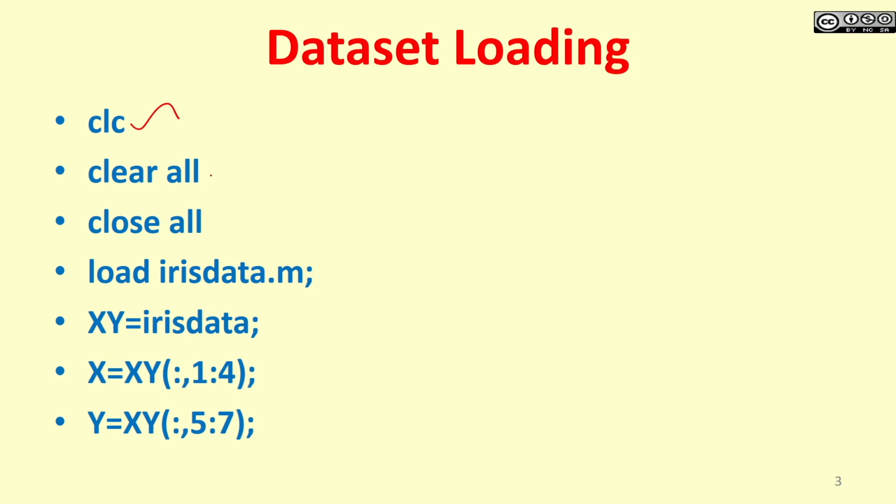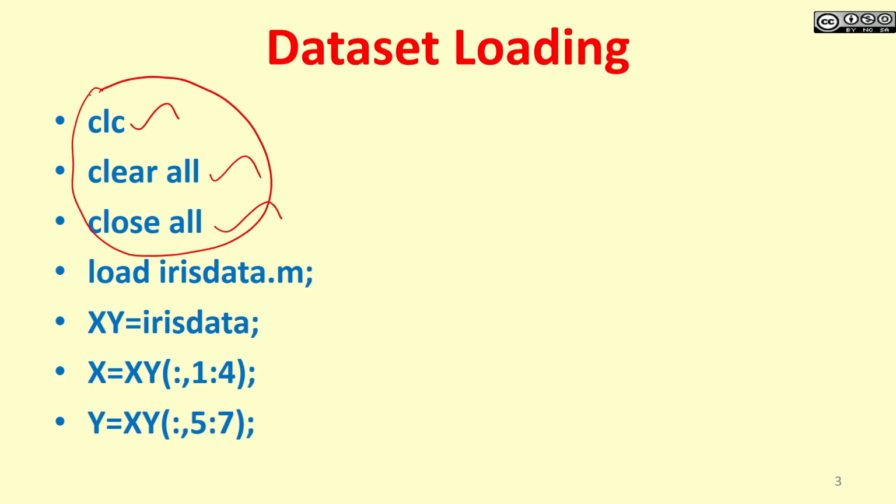Then clear all. If any default values with respect to the variables are available, those have to be cleared. Then close all. This command is meant for closing any child window that has been opened. Those figure windows or any other windows like the workspace window, if opened, have to be deliberately closed. So, these are the three basic commands.